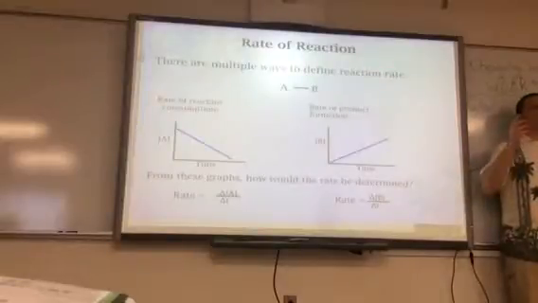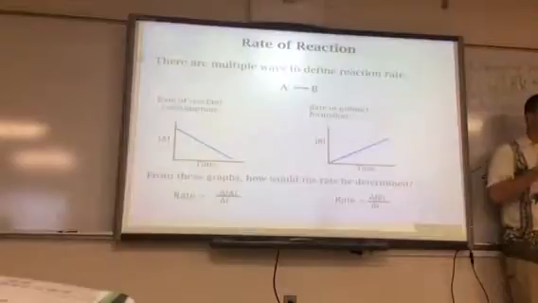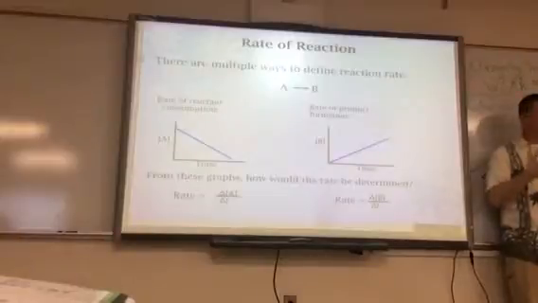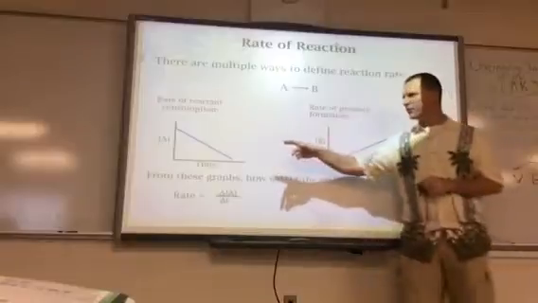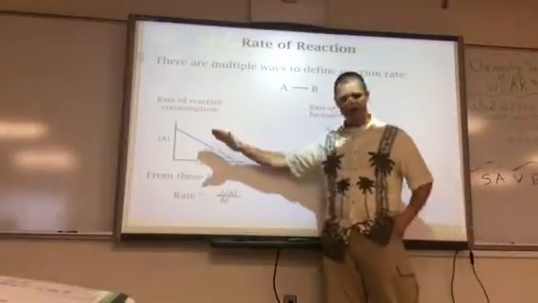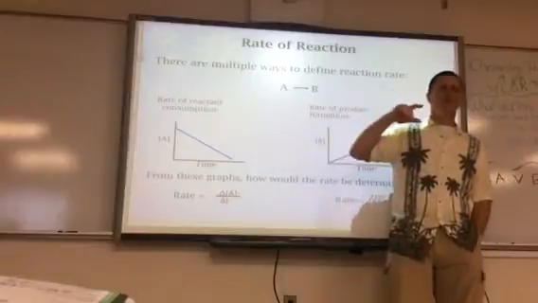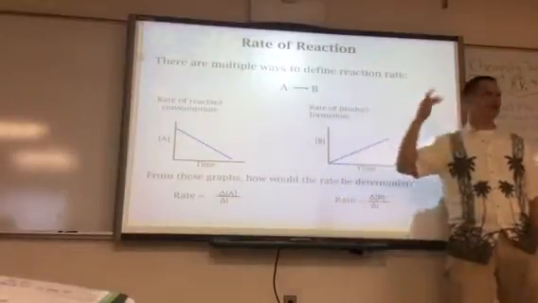Like if we wanted to monitor the rate of iron rusting, you could monitor the pressure of the oxygen. The iron is hard to monitor a change in because it's going to have rust building up on it. So you might want to watch the pressure of the oxygen. But the iron and the oxygen, if they don't have the same coefficient ratio, are not going to have the same slope. But as long as you know one of the things, reactants or products, then you know what the rate is.